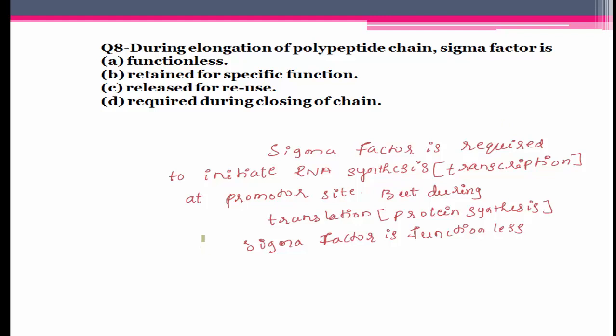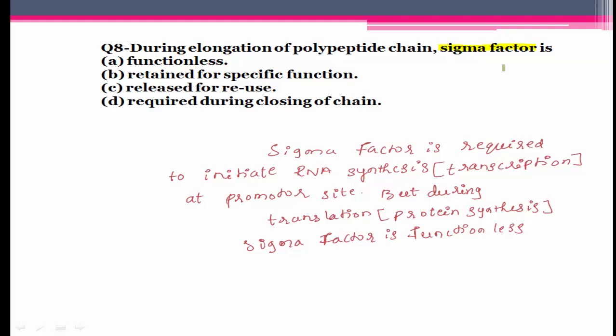Here, the question is asked with respect to sigma factor, where this sigma factor is essential. See, the sigma factor is required to initiate transcription at the promoter site. The transcription unit has a promoter region or promoter site and a terminator site. When sigma factor binds to the promoter site along with DNA dependent RNA polymerase, the transcription process is initiated.